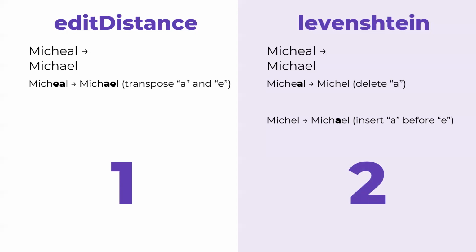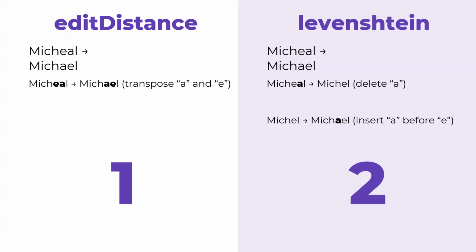Now, as you can see, edit distance and Levenshtein are very similar to each other, and they can be used interchangeably, but you need to make a decision whether you prefer to consider transposition as one difference or two differences.